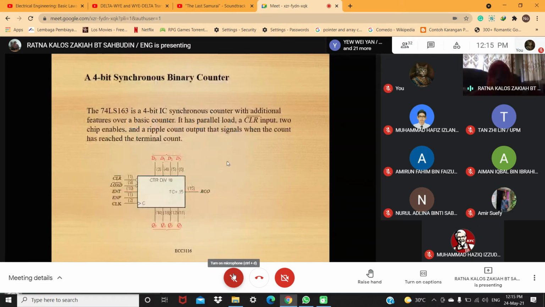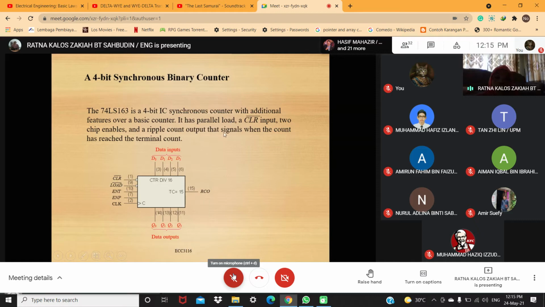And then you have the 4-bit synchronous binary counter. The 74LS163 is a 4-bit IC synchronous counter with additional features over a basic counter.